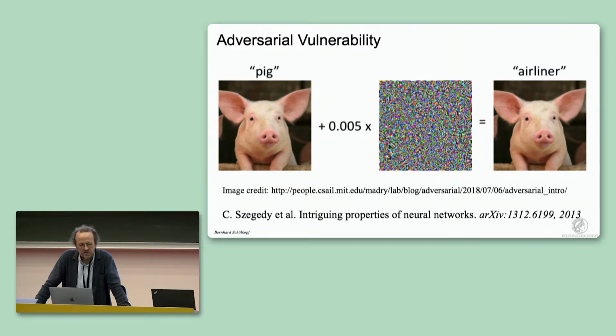These machine learning systems are so highly optimized with respect to a given IID training set that they are not robust with respect to even tiny violations of this IID assumption. If people add a little bit of malicious noise to a test image, imperceptible to humans, so the image looks the same, the system may classify this little pig as an airliner. I think you're all aware of this.